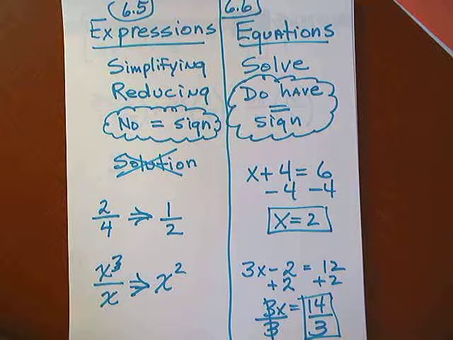And in 6.6 we're going to do the equations, but the only thing we're going to use from 6.5 is that common denominator. You used it in 6.5 to reduce, and in 6.6 you're going to use it to clear the fractions. And that's what we're doing, is clearing the fractions in 6.6.